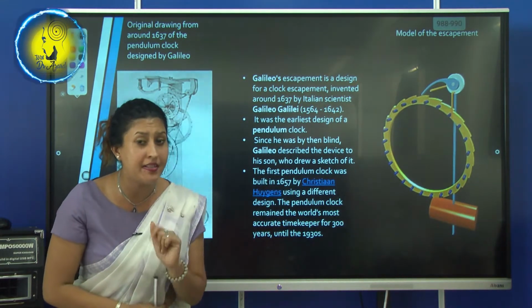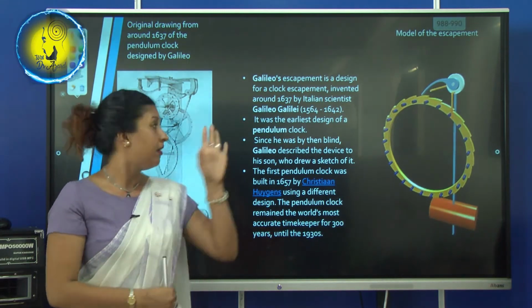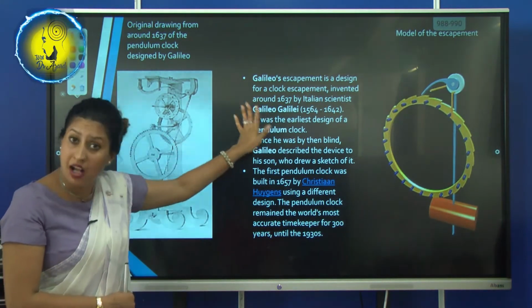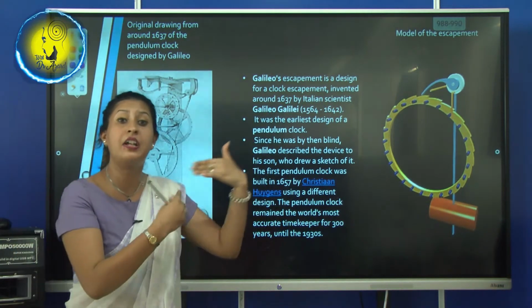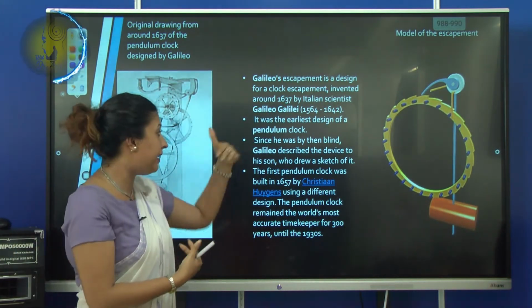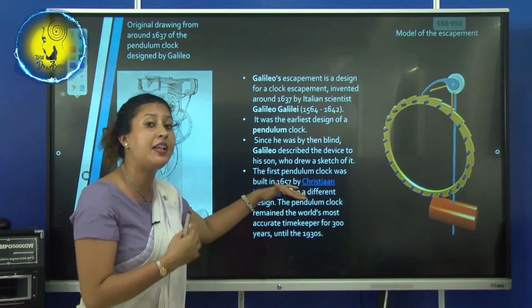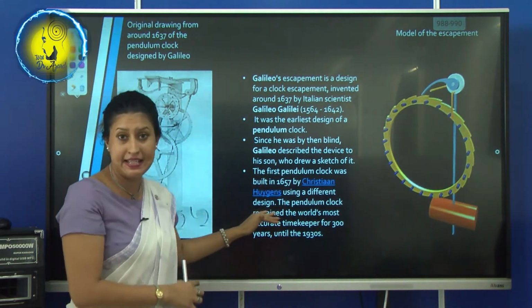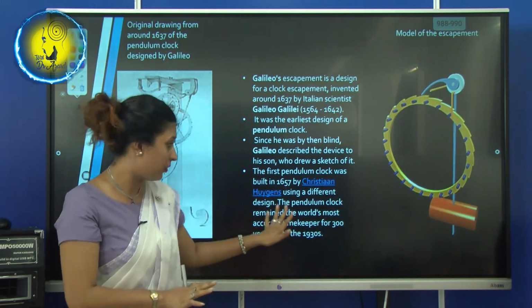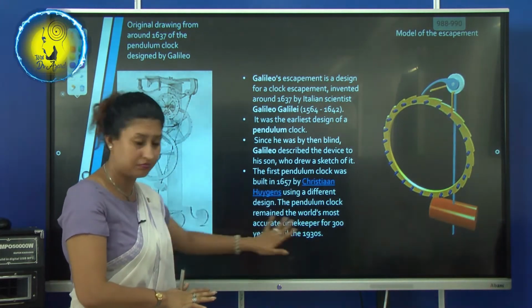Who discovered the pendulum clock? Galileo. He discovered it, and his son drew the sketch. They made it together, but the first pendulum clock was built in 1657 by Christian Huygens. Right.